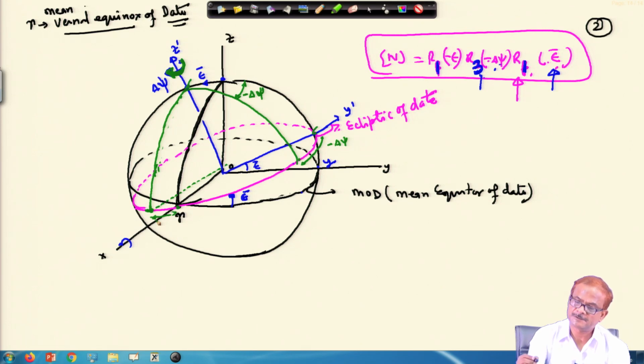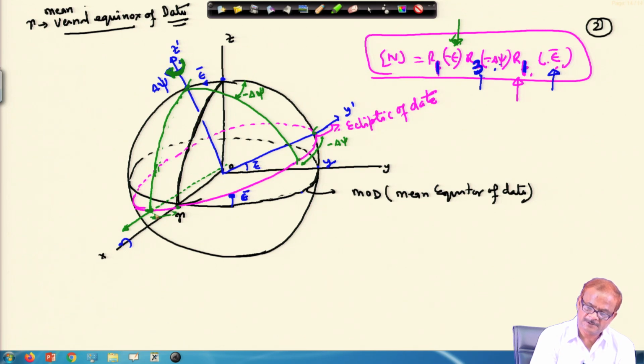Okay. And the third rotation is then given about R1 by minus epsilon. So, this is your axis now, and about this axis you have to give another rotation by epsilon.